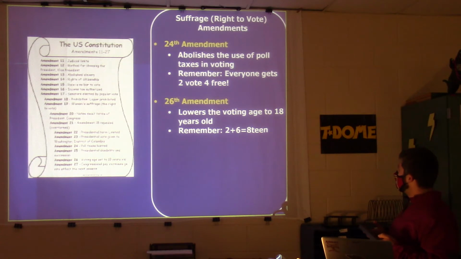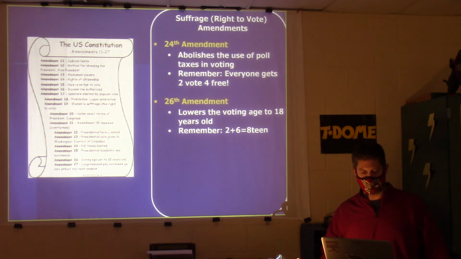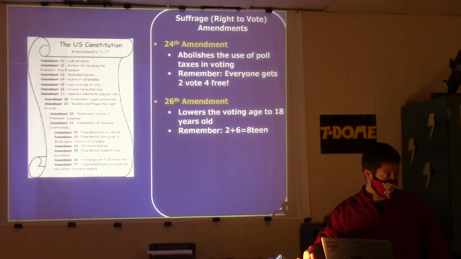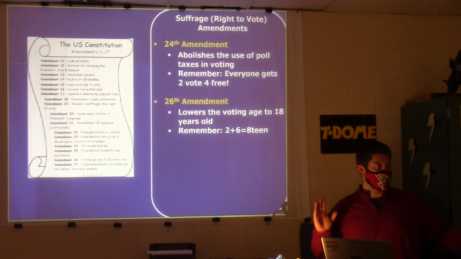All right, more suffrage amendments. The 24th Amendment abolishes the use of poll taxes in voting. What are poll taxes? Yeah, so you actually have to pay to vote. Now, who would this hurt? Citizens, anybody that is poor, that doesn't have enough money to vote.